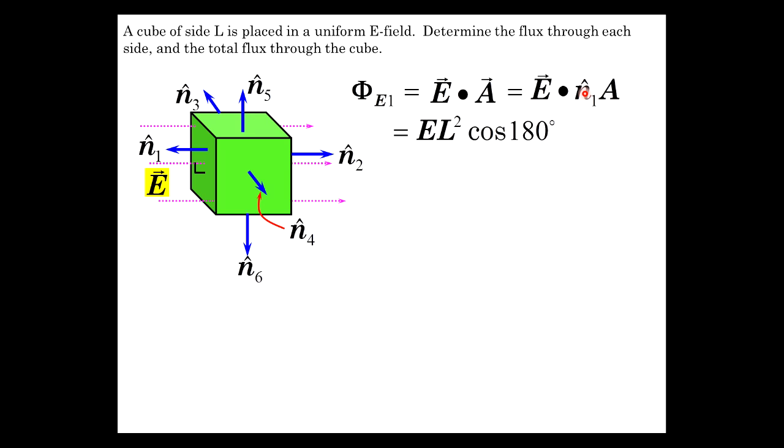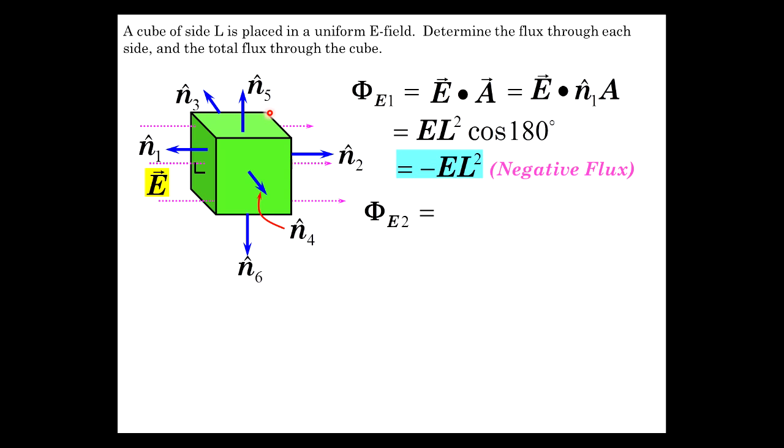This normal vector is pointing exactly the opposite direction of the electric field, so its angle is 180, and cosine of 180 gives us minus EL squared. That is the flux through surface 1, the electric flux. It's negative.